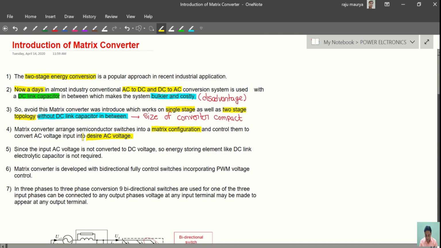Since AC voltage is not converted to DC voltage, an energy storing element like a DC link electrolytic capacitor is not required in this case.